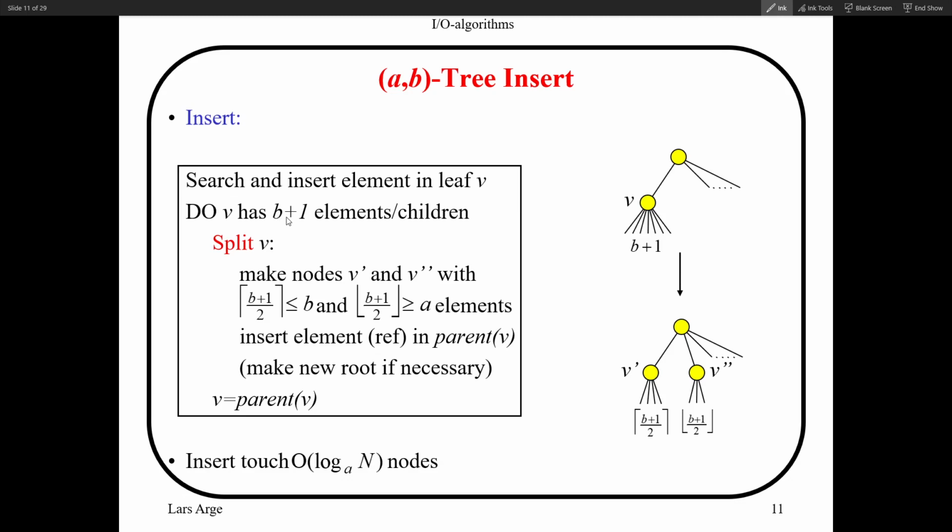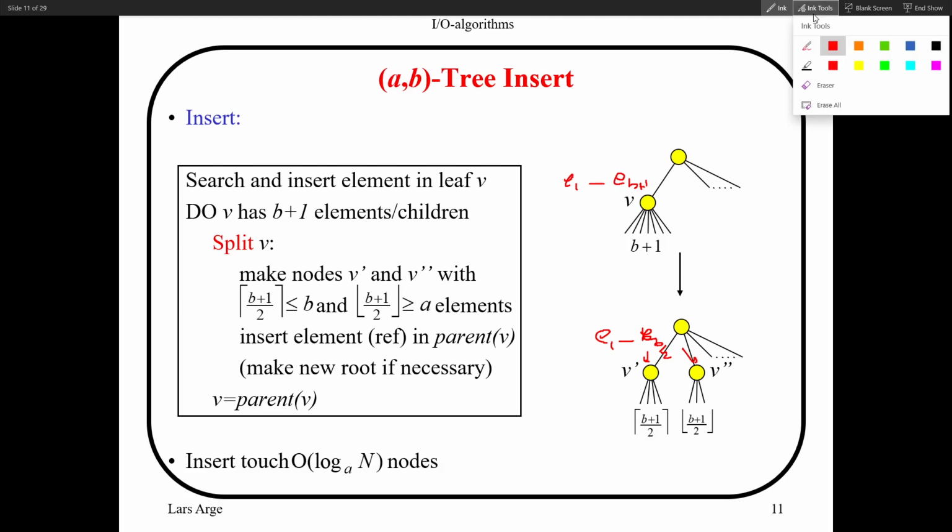What splitting means is that we create two additional nodes, V prime and V double prime, and we distribute the elements of V between them. Basically something like this. If V has elements E1 up to E B plus 1, half of them, let's say E1 up to E B half, go to this one, and the rest go into that one.